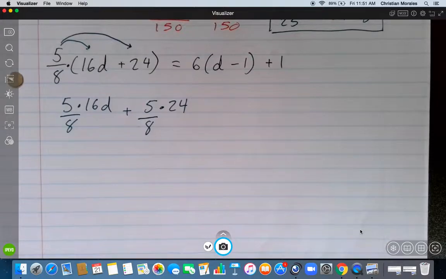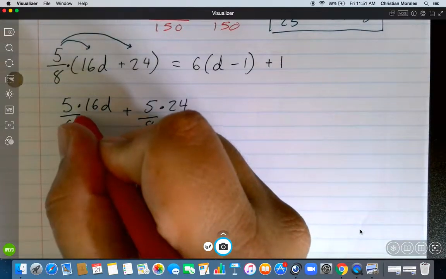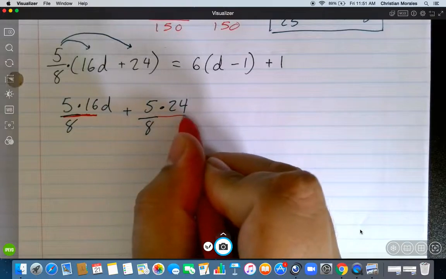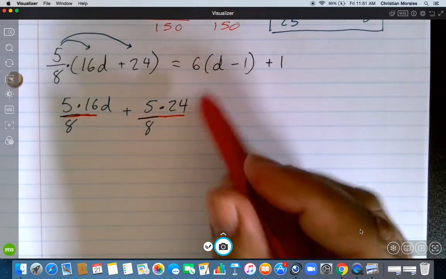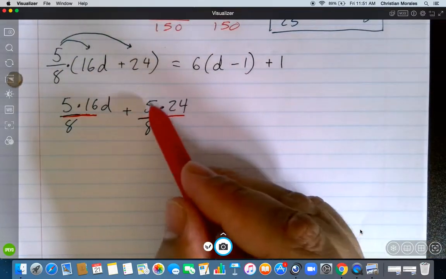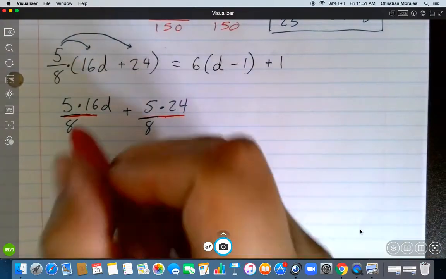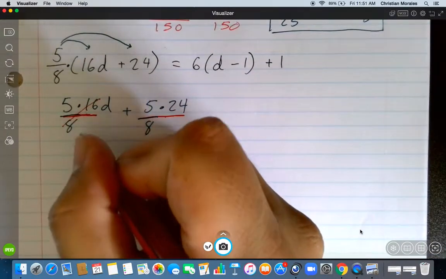All right. Now, I noticed something here. 16 is now part of my numerator, and 24 here is part of my numerator. So I could multiply this. I could take my calculator and give you big numbers. It'll work. You multiply, then you divide. But I know 16 divided by 8 is 2.